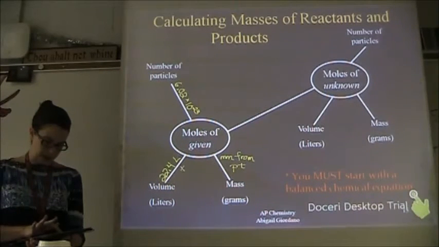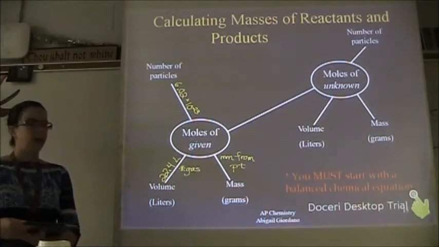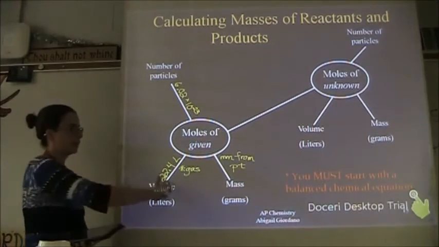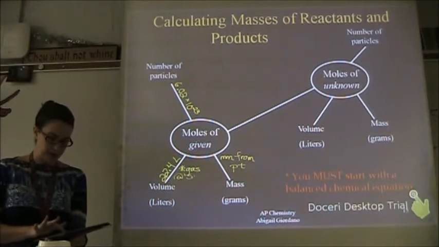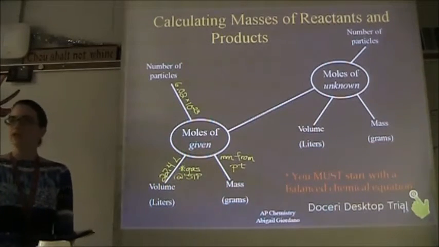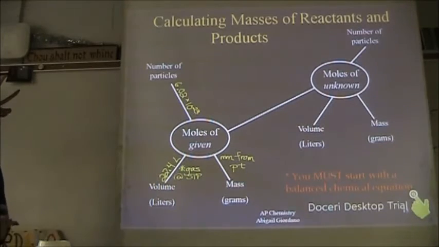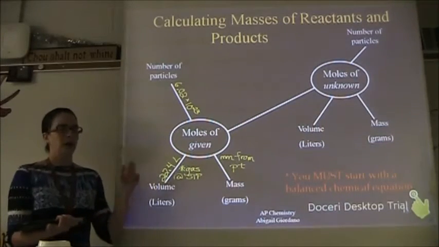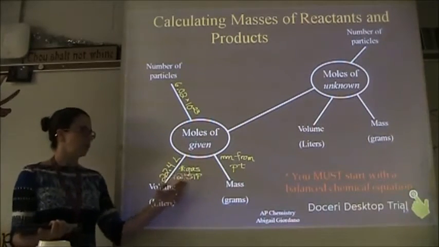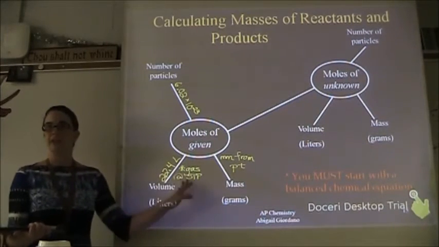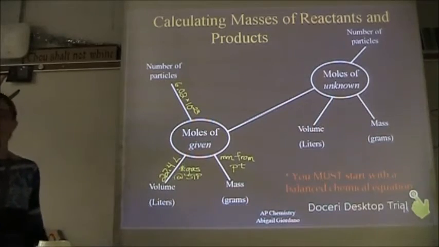So I'm going to put a little asterisk here. And some of you said it, I'm glad you said it. If it's a gas at STP, do you remember what STP stands for? Standard temperature and pressure. Okay, we'll talk more about this 2 chapters from now, but if you see that you're dealing with a gas and it says we're at STP, you are permitted to use that number.